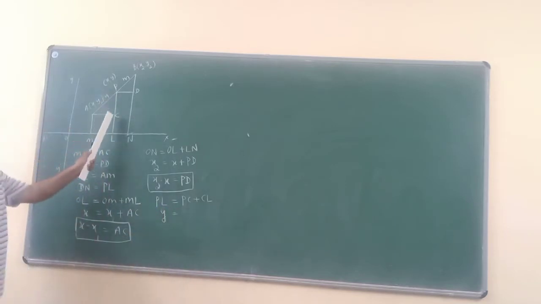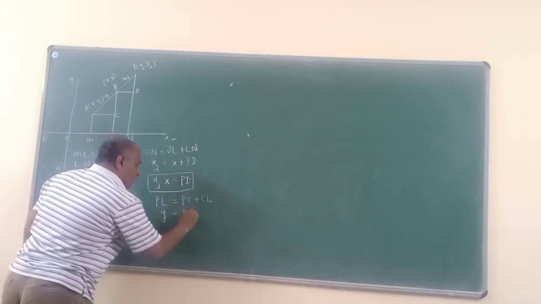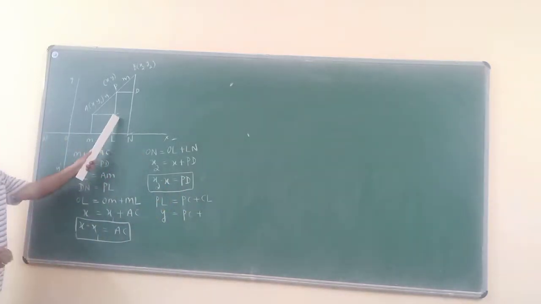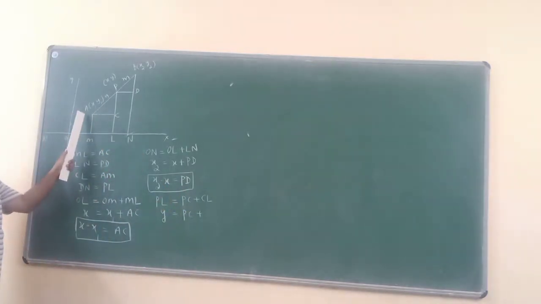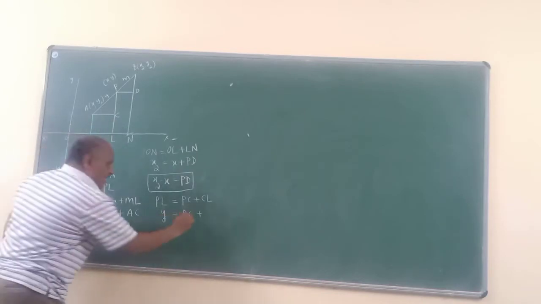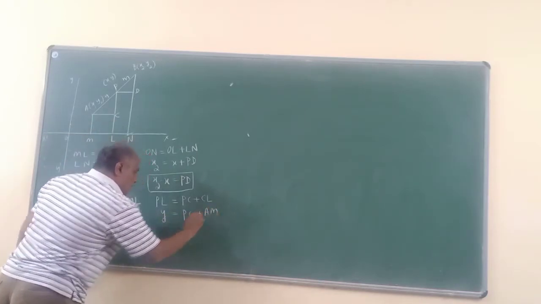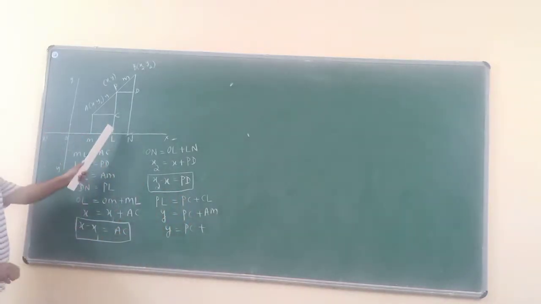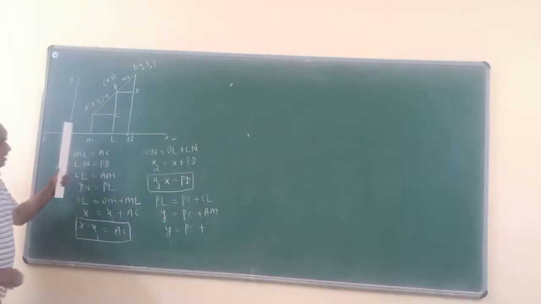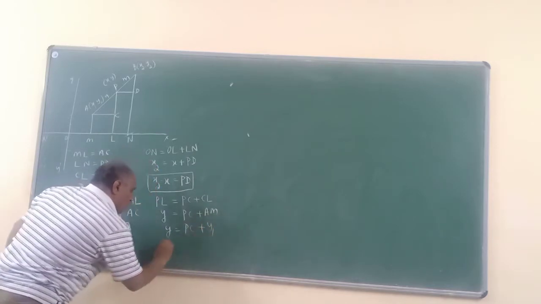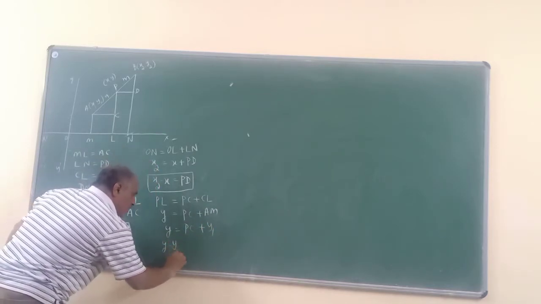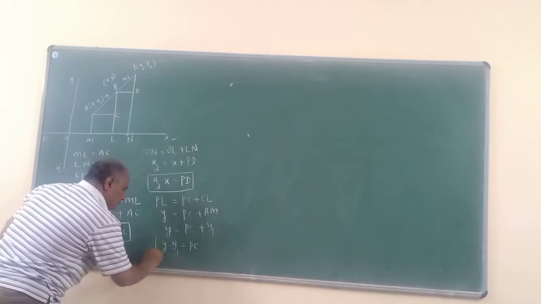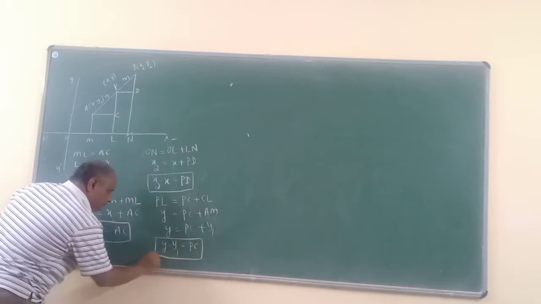You don't know PC, but you know CL. CL is nothing but AM. So y is equal to PC plus AM. AM is nothing but y1. So y minus y1 is equal to PC.